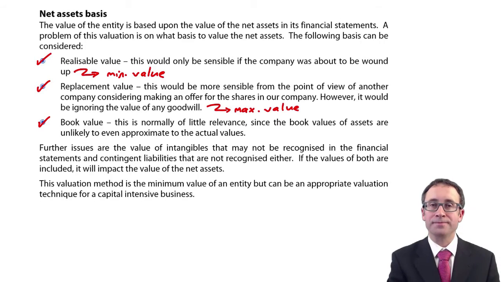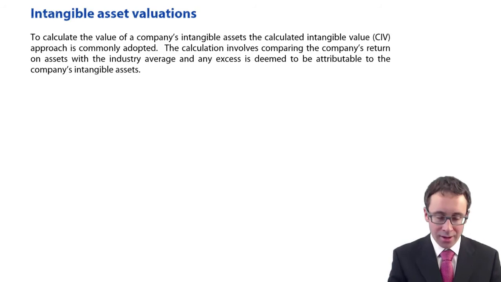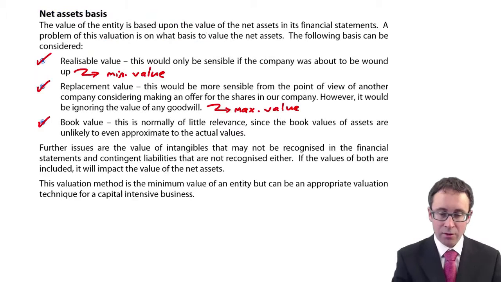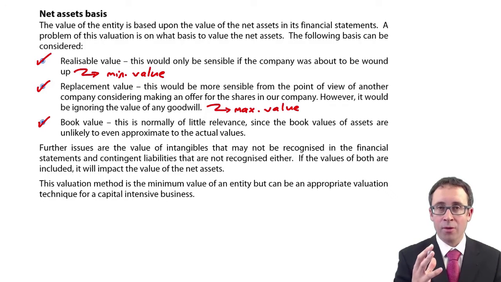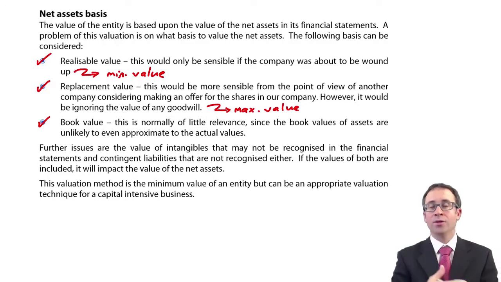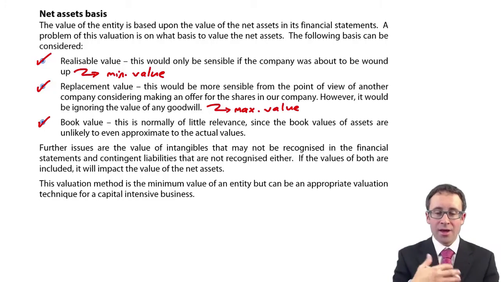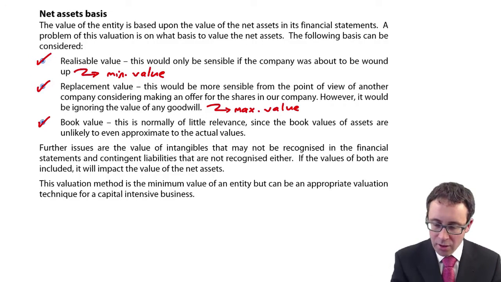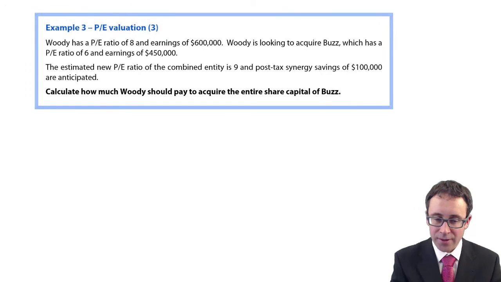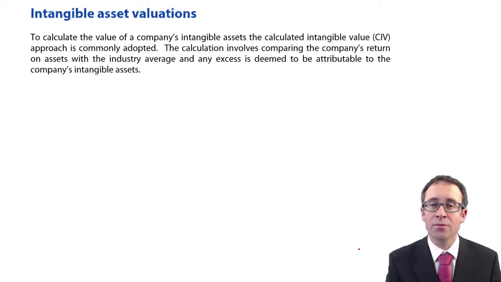Okay, so it's quite important. So we've gone through there and looked at the net assets basis, haven't we? And I think if we go back and have a look at where we were, in terms of the replacement value, one of the important bits is that it ignores any goodwill, it ignores any intangibles. Likewise, the book value, again, goes through and ignored any intangibles, didn't it? So we need to go through there and try and calculate the intangible asset valuations, don't we?